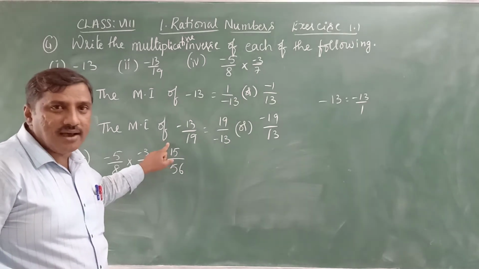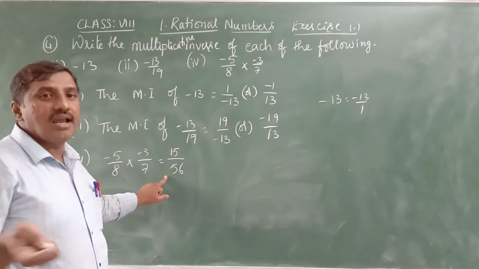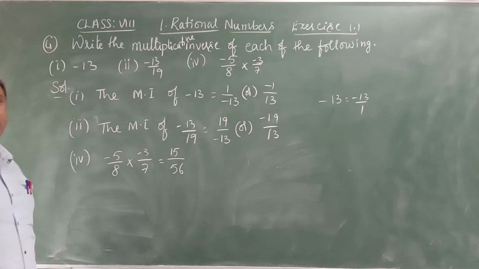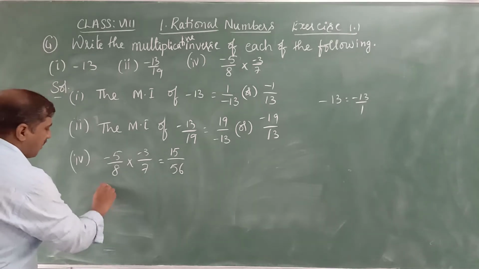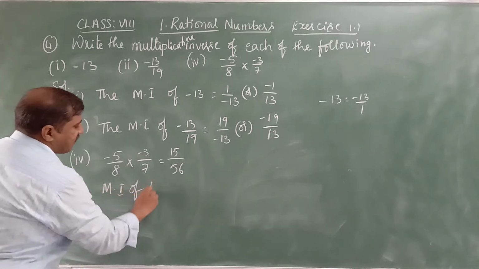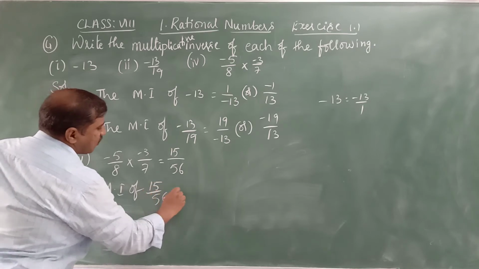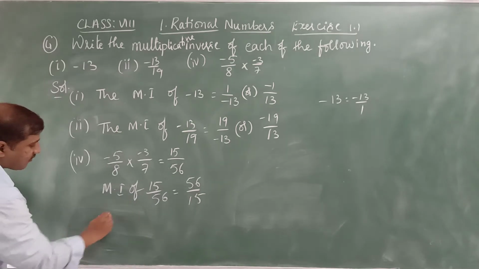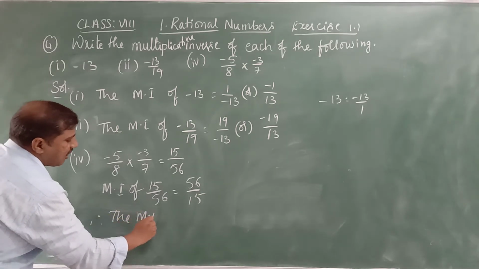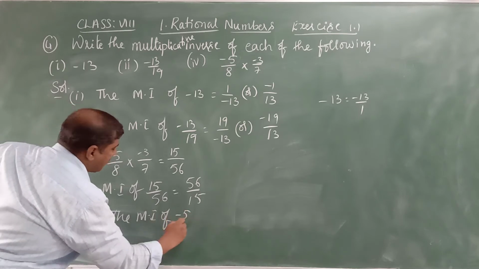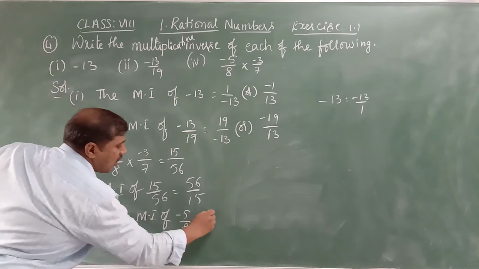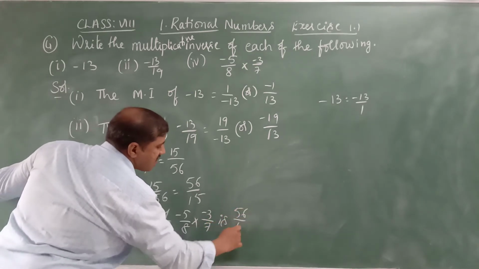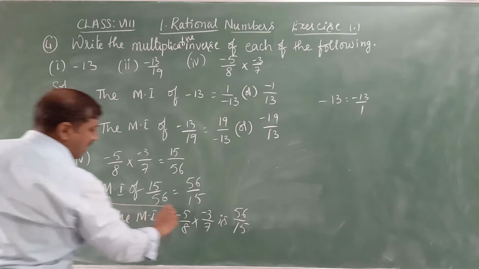The multiplicative inverse of 15 by 56 is the multiplicative inverse of minus 5 by 8 into minus 3 by 7. So the multiplicative inverse of 15 by 56 is equal to 56 divided by 15. Therefore, the multiplicative inverse of minus 5 by 8 into minus 3 by 7 is 56 by 15. 56 by 15.